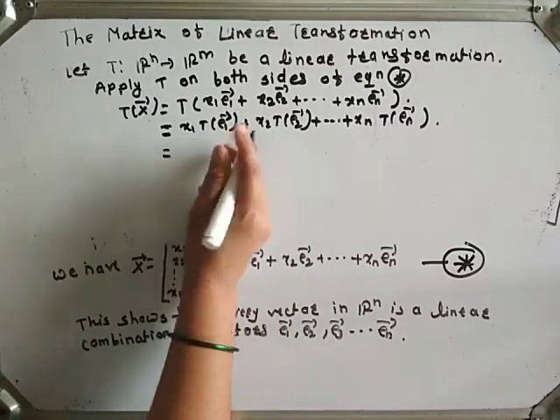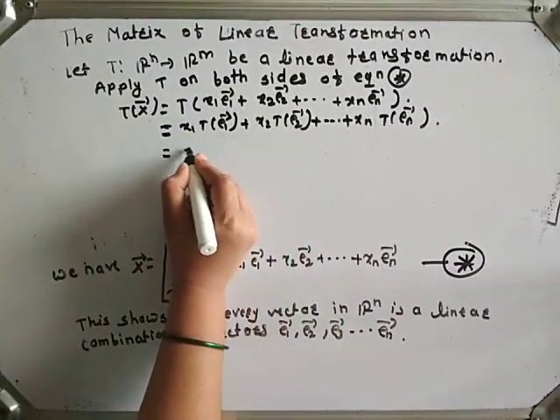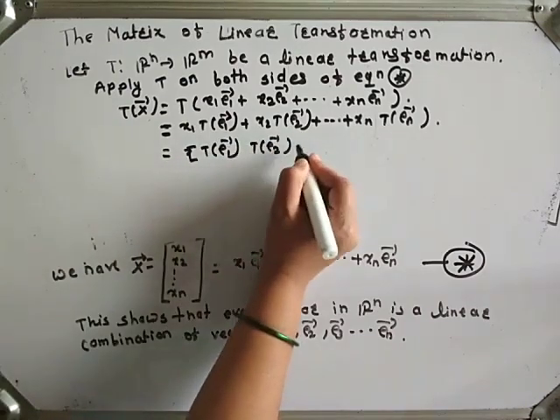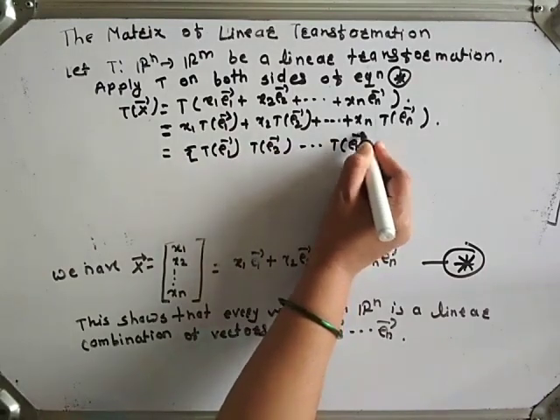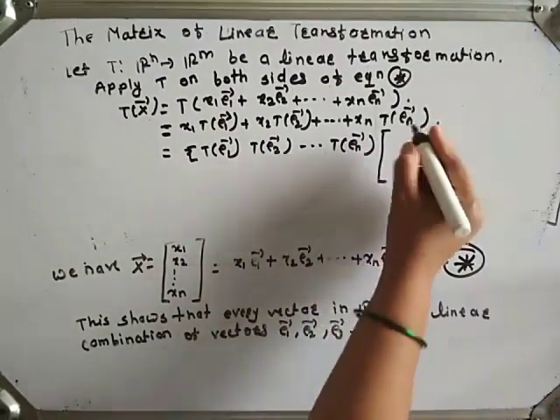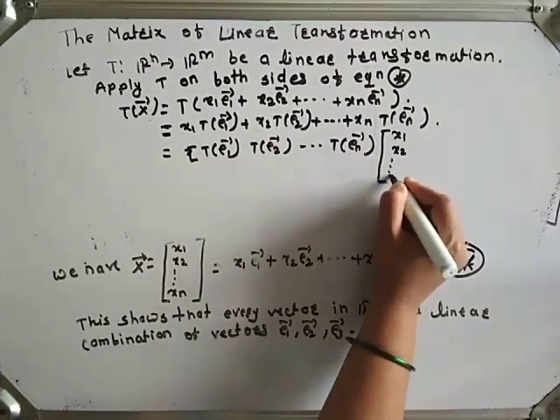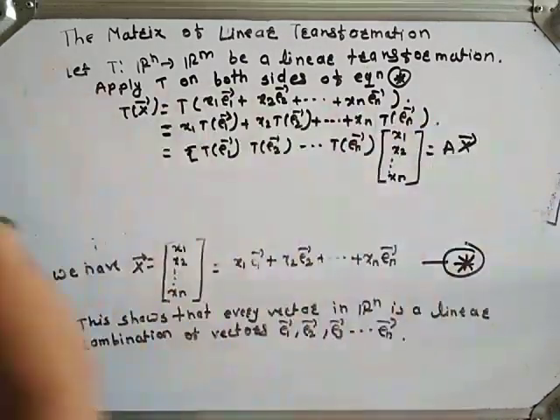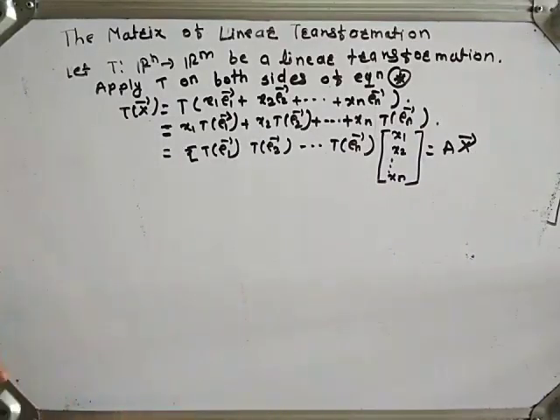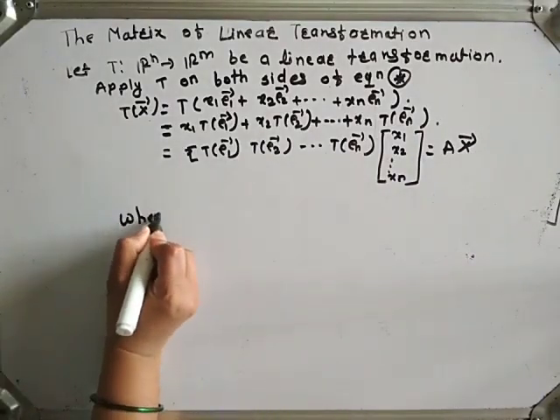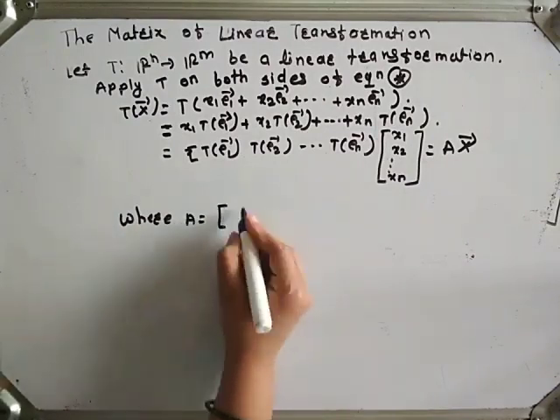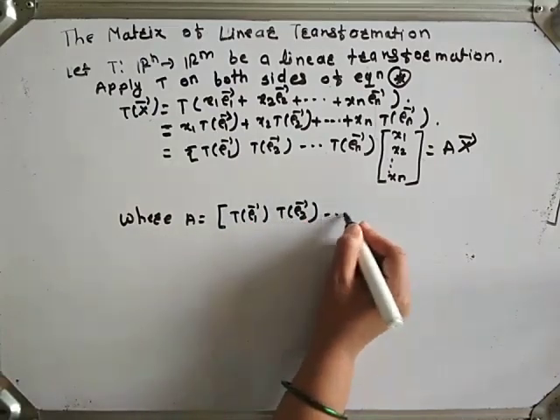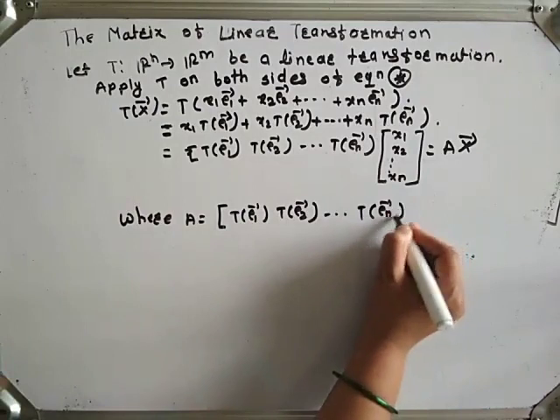This can be written as the matrix T of E1 bar, T of E2 bar and so on up to T of En bar into the matrix x1, x2 and so on up to xn, which is equal to A into x bar, where A is equal to the matrix T of E1 bar, T of E2 bar and so on up to T of En bar. Okay.